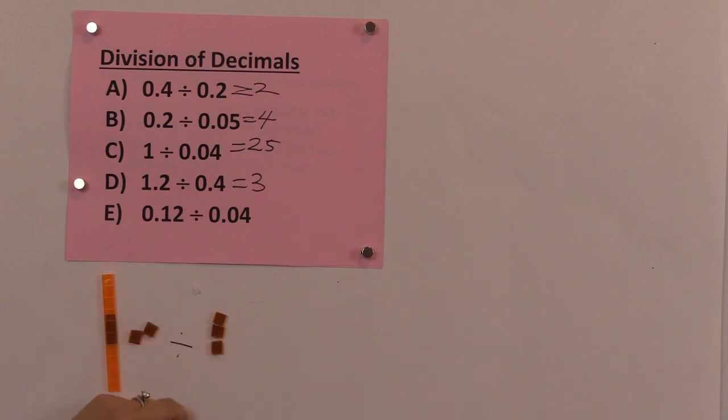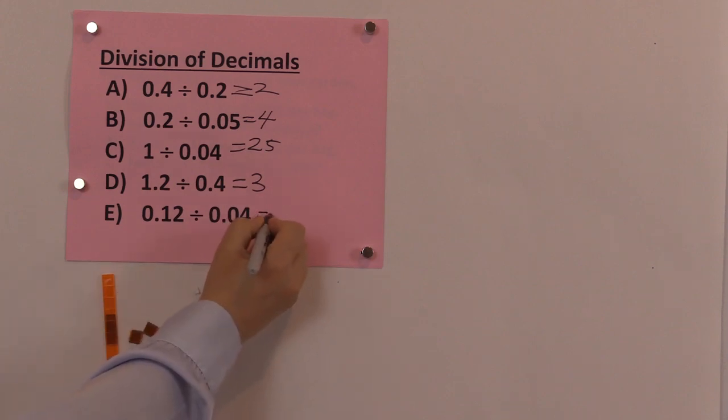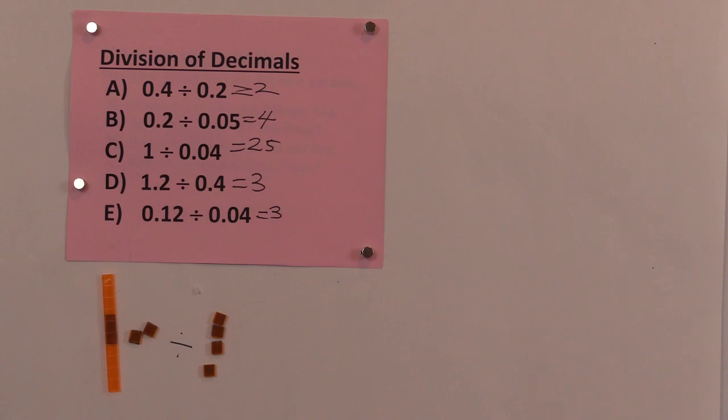So I want to know how many groups of 4 tenths can fit into here. So if we use the whole number, 12 divided by 4, which is 3. It's easy, right? So I can think about this as 1 time, 2 times, and 1, 2, 3, 4, 4 times. So it's going to fit 3 times. Not 4 times, 3 times.